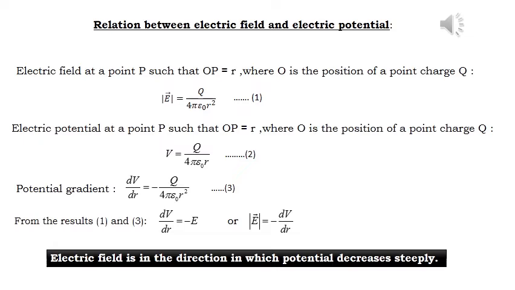Another important area of this chapter is finding the relation between electric field and electric potential. We know the derivation of the electric field at a point.